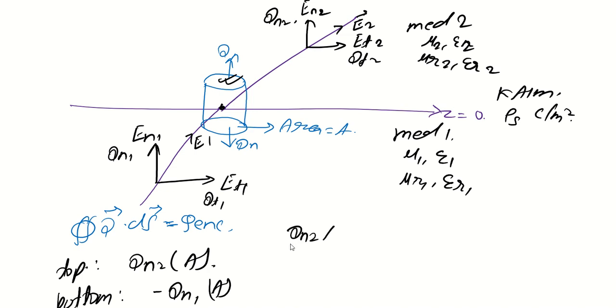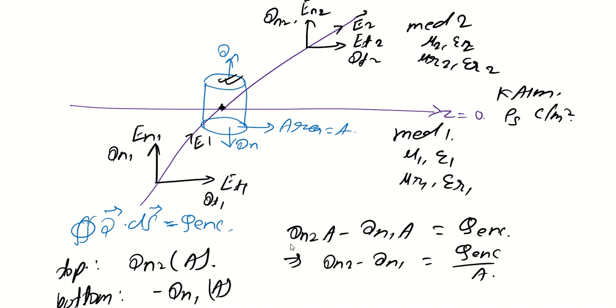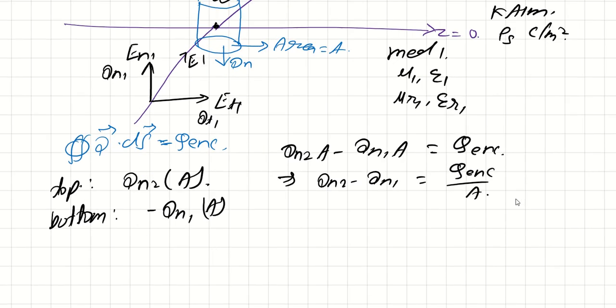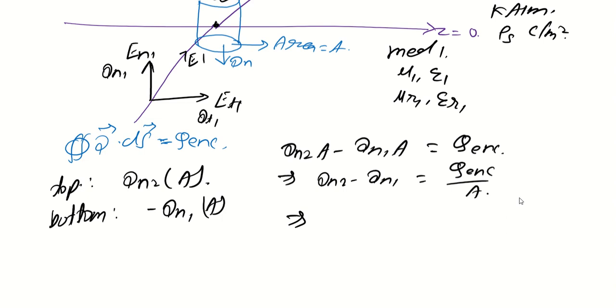So Dn2 into A minus Dn1 into A will be equal to total charge enclosed Q, right? Now if I do this, Dn2 minus Dn1 will be equal to Q enclosed by A, which is area. Now Q by A is surface charge density. So basically we are going to get the relation Dn2 minus Dn1 is equal to rho s, that is surface charge density.